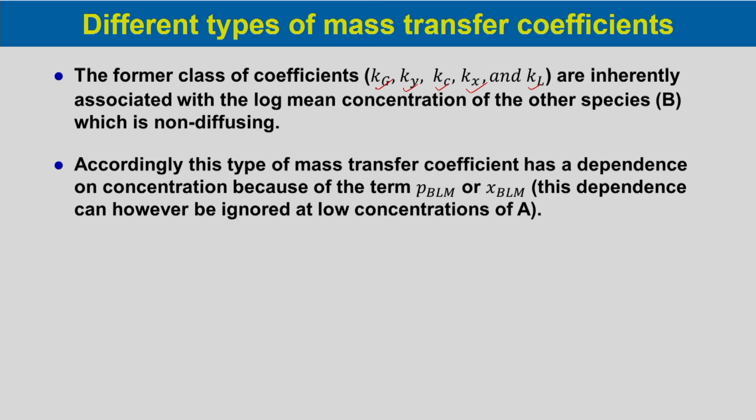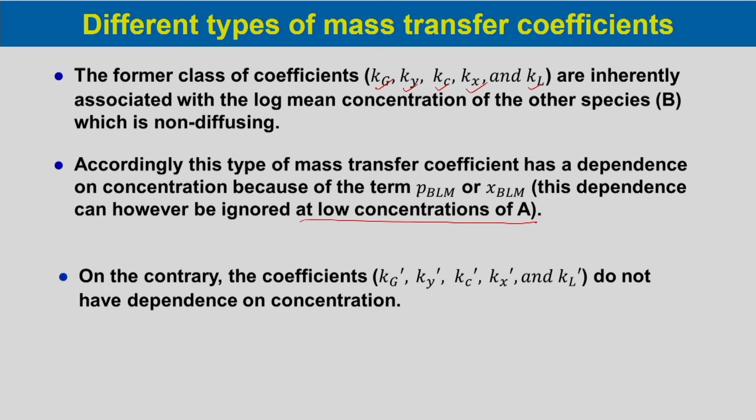Accordingly, this type of mass transfer coefficient has a dependence on concentration because of the term PBLM or XBLM. This dependence can however be ignored at low concentration. So, if we consider very low concentration of the diffusing species, that is component A, we can ignore the dependency of the logarithmic term PBLM or XBLM in case of the gas and the liquid phase.